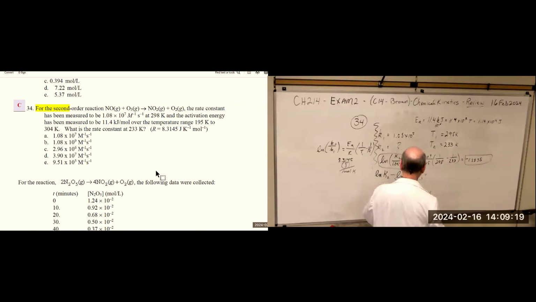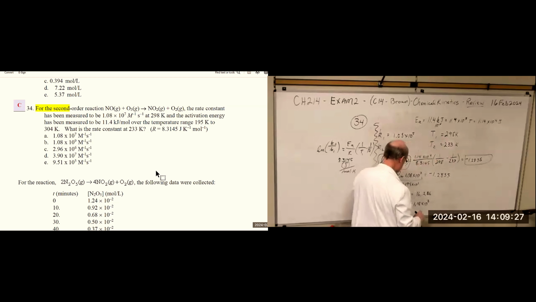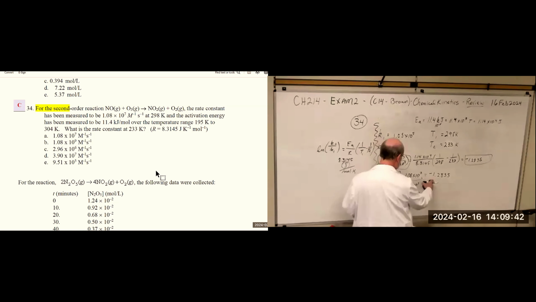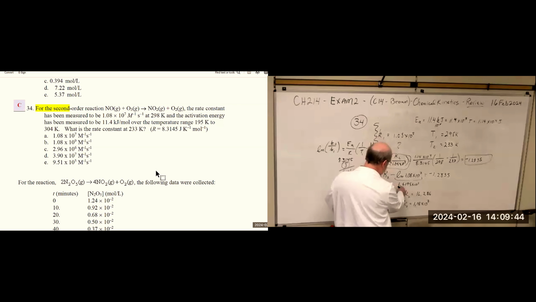And let's see. So we have minus 1.2835. And this is correct on this side. That's correct. So this is going to become positive on that side. So I just need to add this to that value. 1.6195 in the first power plus.